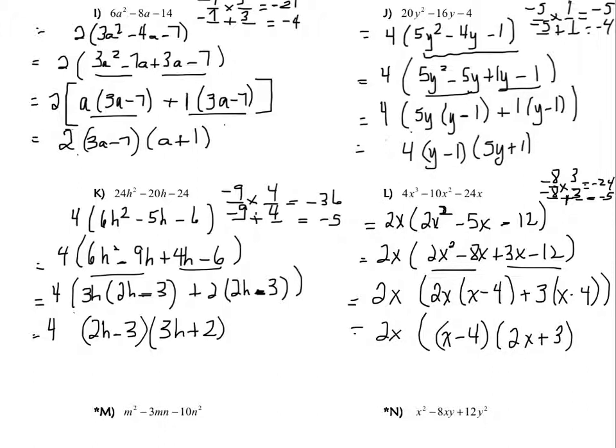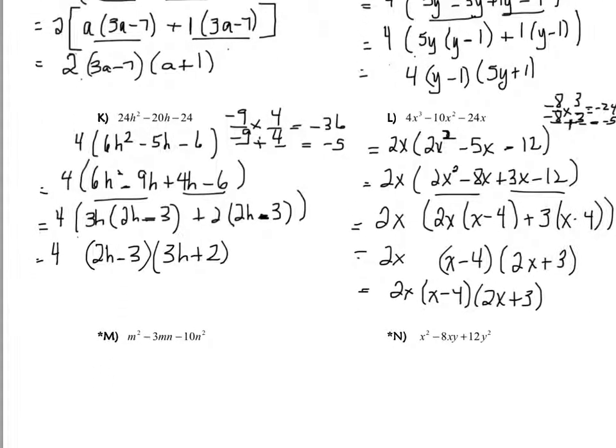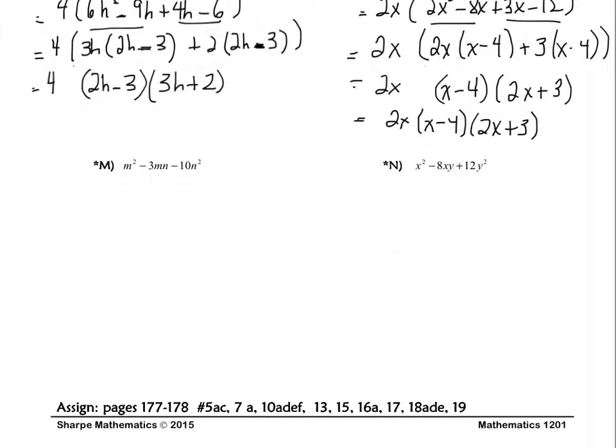And again, I don't need that extra bracket there anymore. So 2x outside of x minus 4 by 2x plus 3. All right, and there's a couple more there to try.